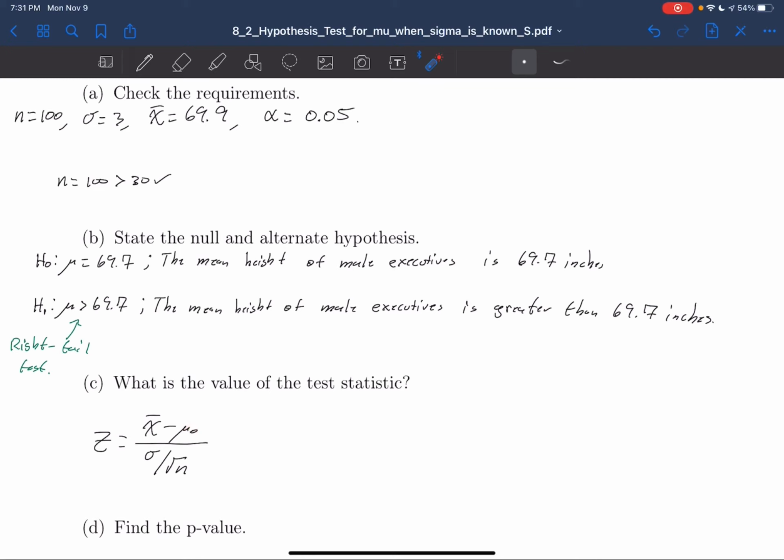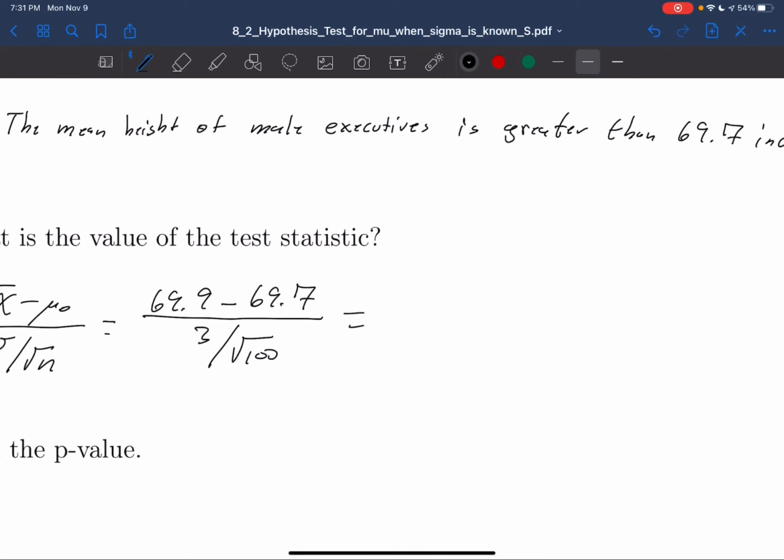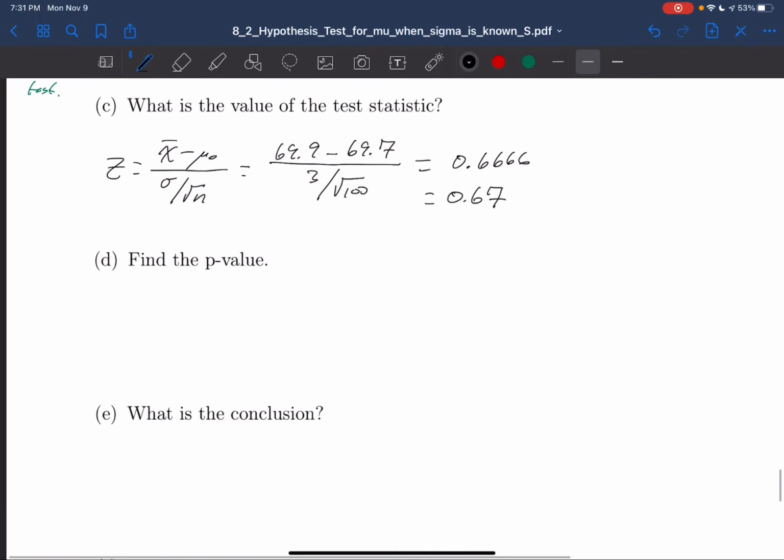And we know mu naught, which is just the value in our testing, 69.7. So all we have to do is plug in our values. This is equal to 69.9 minus 69.7 divided by 3 over the square root of 100. If you put this in your calculator, you should get 0.6666, but you can round this to 2 decimal places because that's how we find areas under curves, which is 0.67.